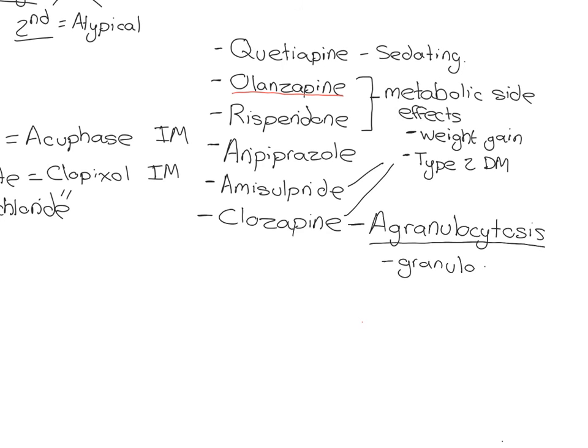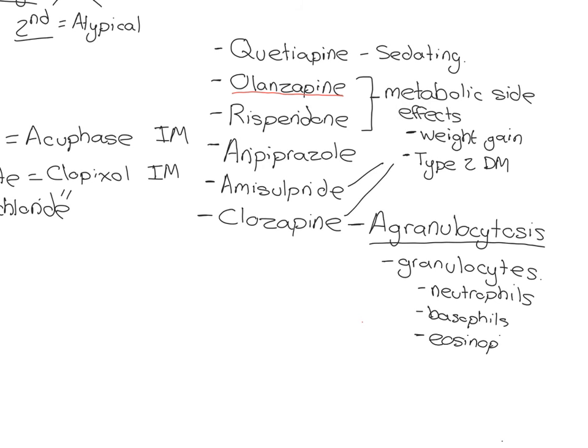So there are lots of different types of white blood cells in the blood, and a category of white blood cells are known as the granulocytes, and this includes white blood cells such as neutrophils, eosinophils, and basophils. And these are really important white blood cells, particularly the neutrophils. And clozapine is capable of stopping the body from making these granulocytes, and that's known as agranulocytosis.